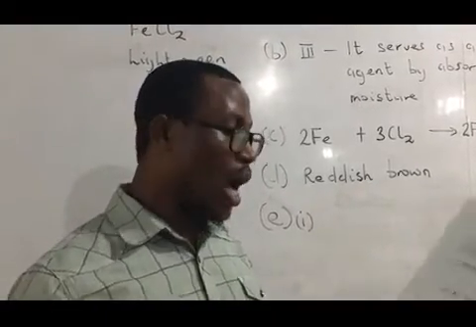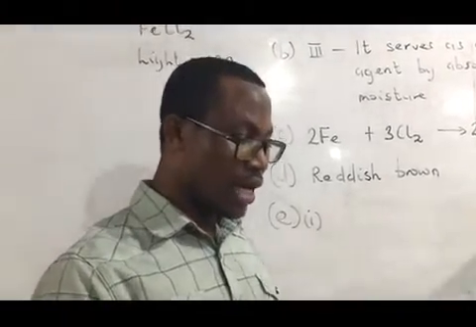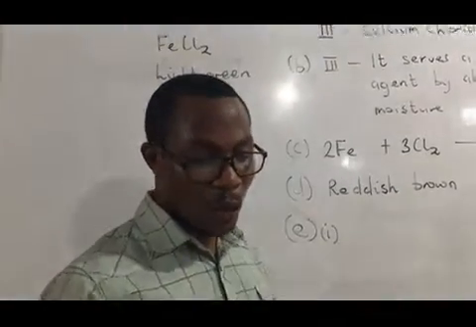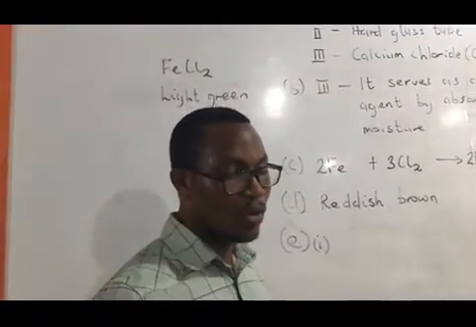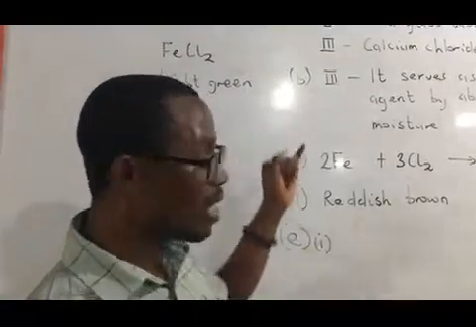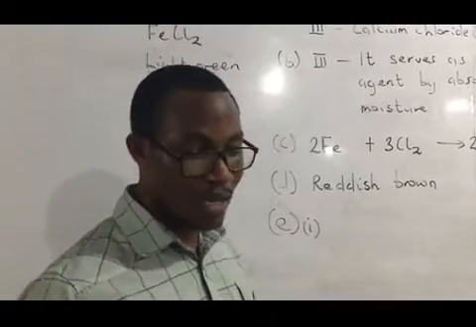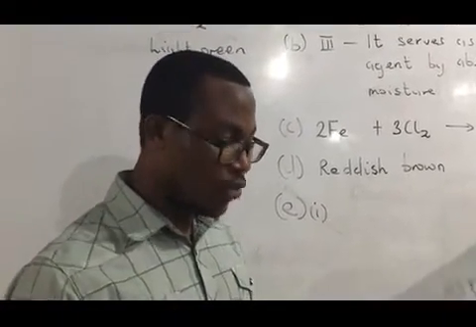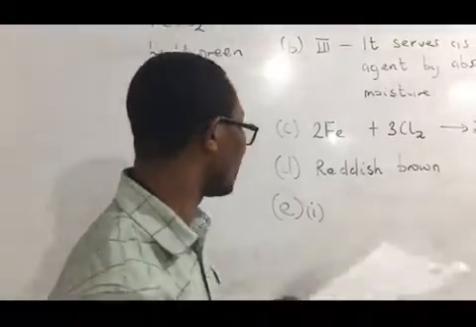So that is why we have a chamber in the lab called the fume chamber that is used for preparing poisonous gases. And chlorine gas is a poisonous gas. So that is why it is prepared in the fume chamber.